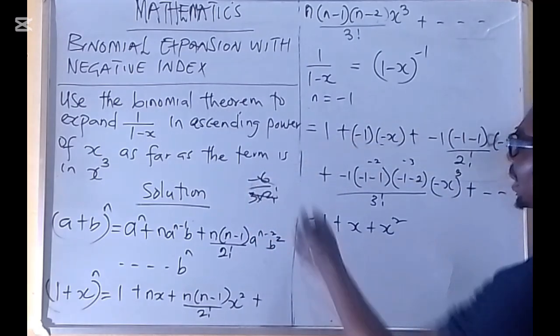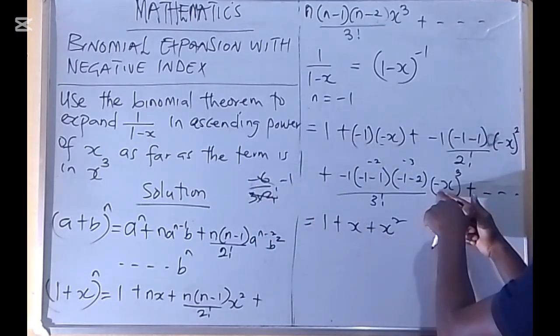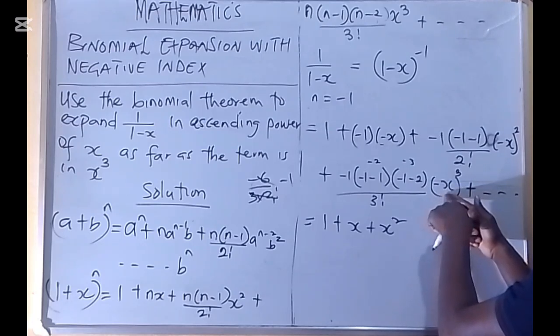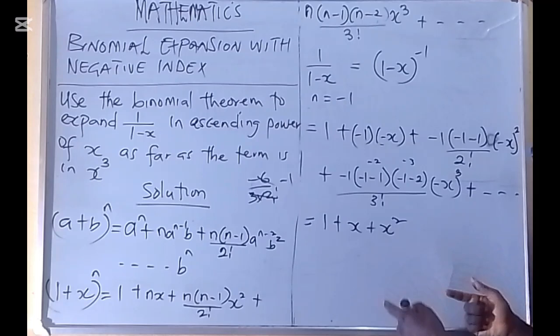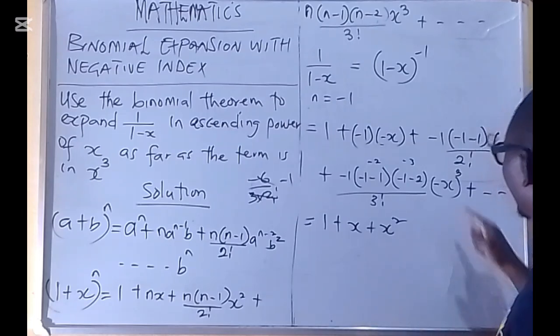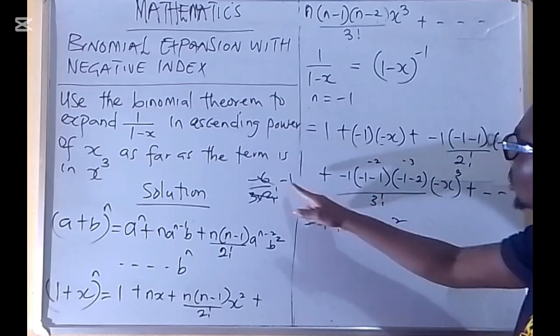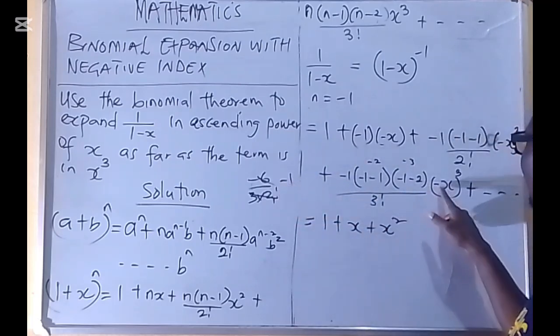This will cancel this, so we are left with minus 1. Now minus x raised to the power 3 is still the same thing as minus x cubed. So times minus 1, this minus will multiply this minus.